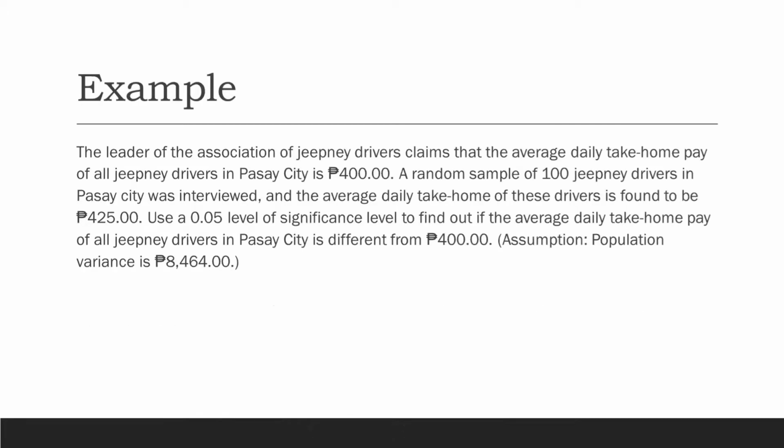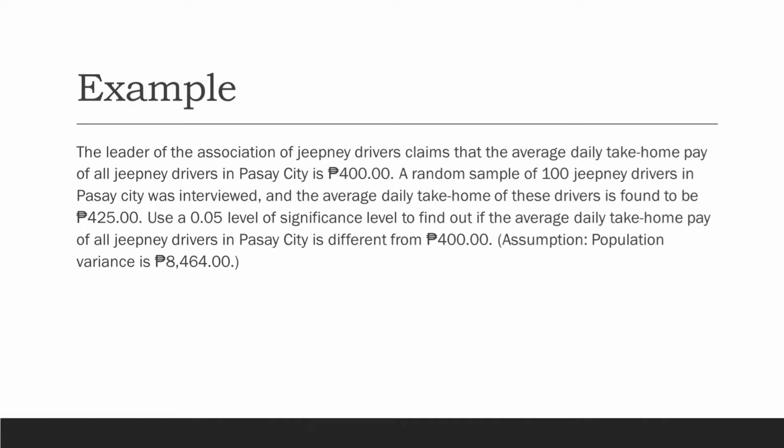Example number 1. The leader of the Association of Jeepney Drivers claimed that the average daily take-home pay of all jeepney drivers in Pasay City is 400 peso. A random sample of 100 jeepney drivers in Pasay City was interviewed, and the average daily take-home of these drivers is found to be 425 peso.